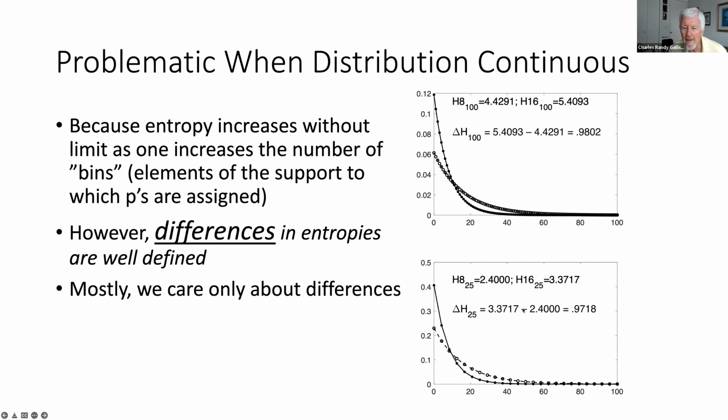So I have here exactly the same two exponential distributions, right? And later on, we're going to want to look at the differences in these entropies. So up here, the solid line up here and the one down here, they're exactly the same exponential distribution.